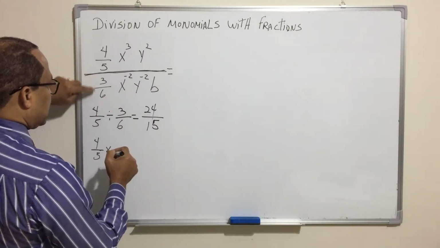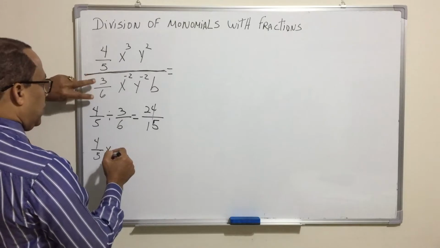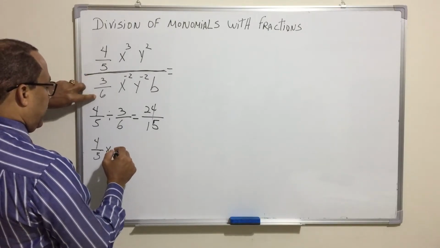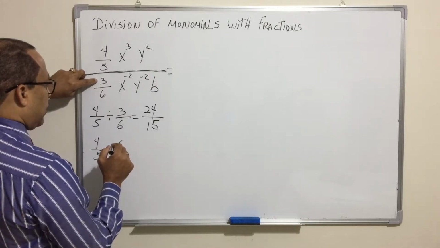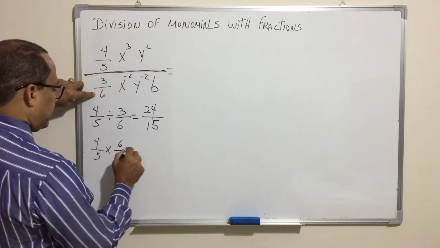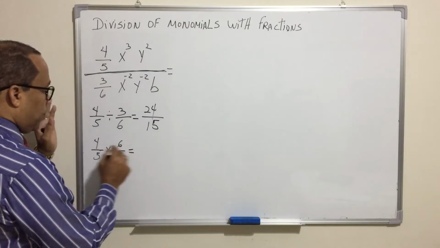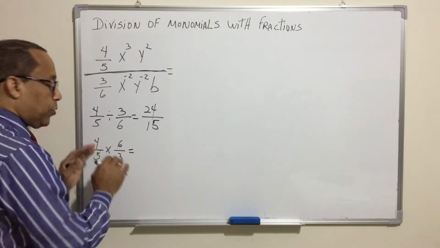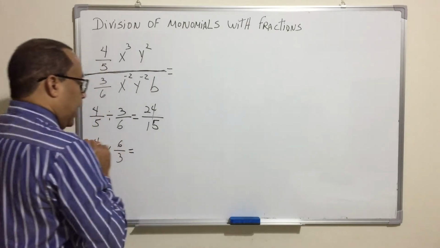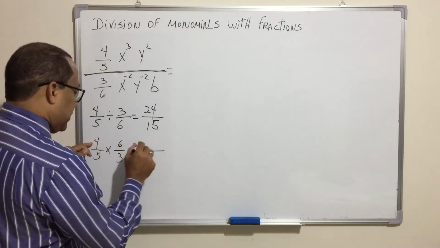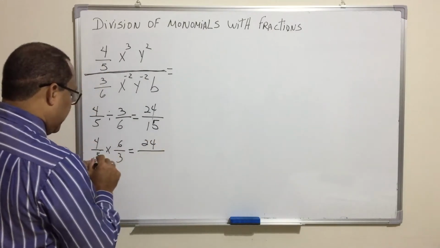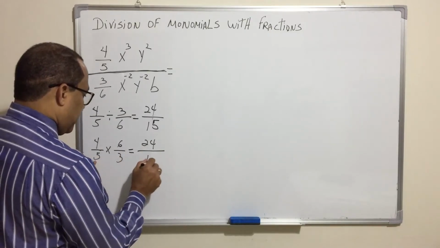The reciprocal consists of switching the fraction. The denominator becomes the numerator, and the numerator becomes the denominator. Once you have the multiplication, you multiply the numerators and you multiply the denominators, which is 4 times 6 is 24, and 5 times 3 equals 15.